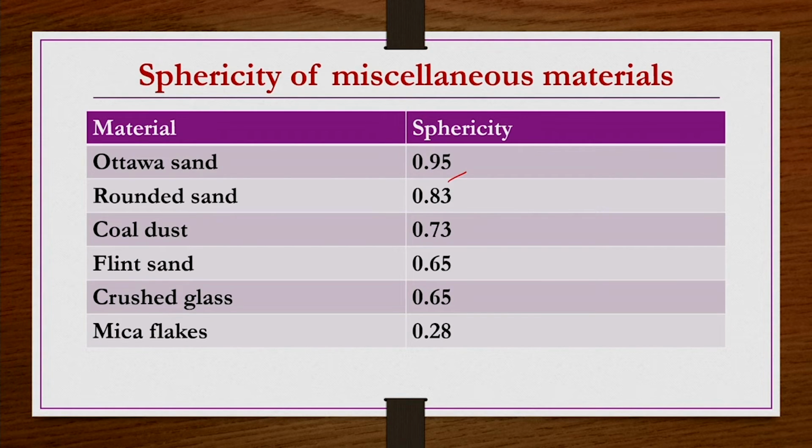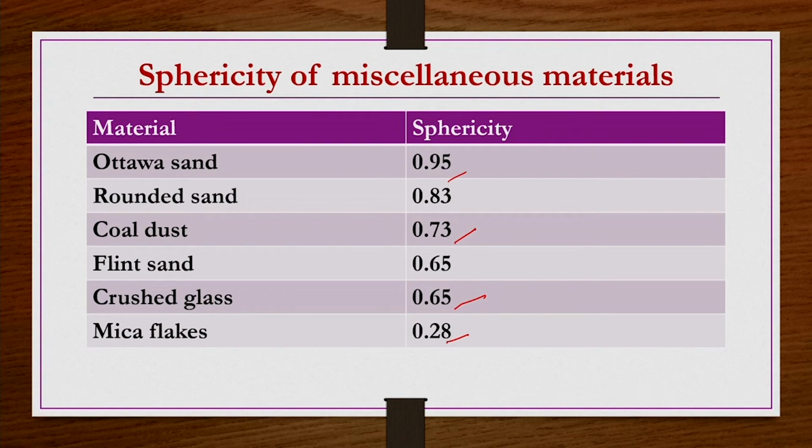For the coal dust the sphericity is as much as 0.73, flint sand is 0.65, and crushed glass, which is generally used as packing material in some chemical applications where no reactions are there, also has 0.65, and then mica flakes have 0.28.